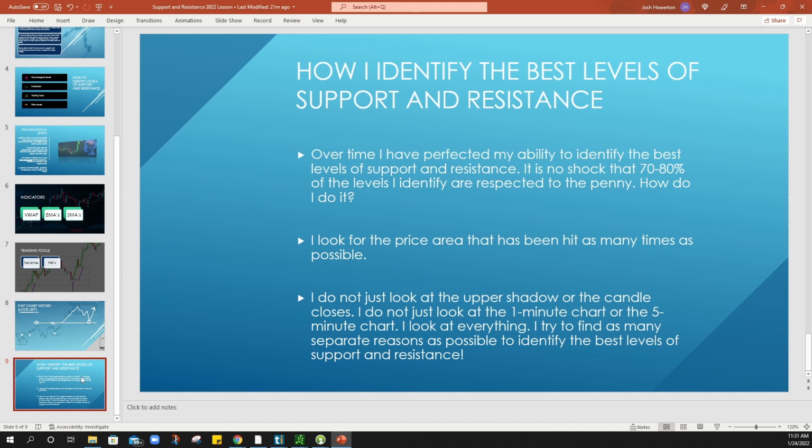How do you identify these really great levels of support and resistance? So over time, team, I've perfected my ability to identify the best levels of support and resistance. It's no shock that 70 to 80% of the levels that I identify are respected nearly to the penny, give or take a couple cents.